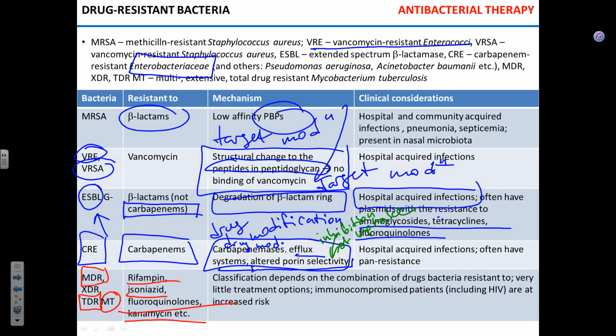And there was a famous case of the patient with the totally drug-resistant tuberculosis. I think he was in India.